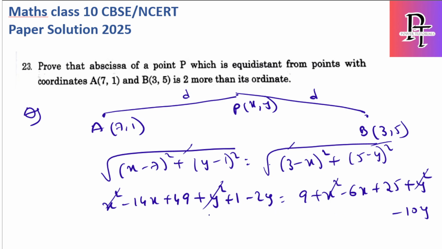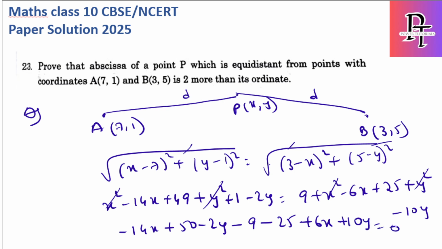Okay, let's move everything to the left side. What I can write: minus 14x plus 50 minus 2y minus 9, minus 25 plus 6x plus 10y is equal to 0. So what is remaining here?